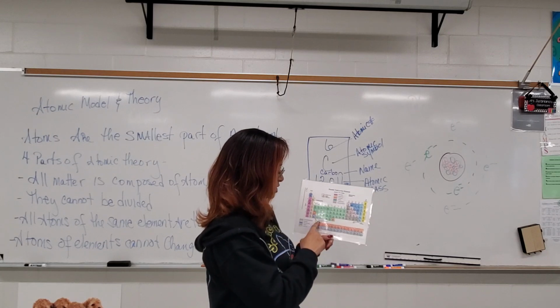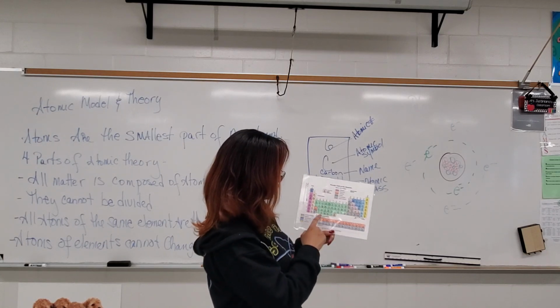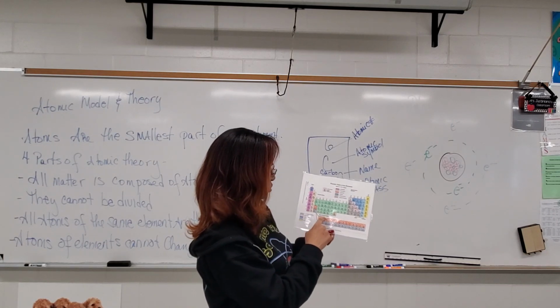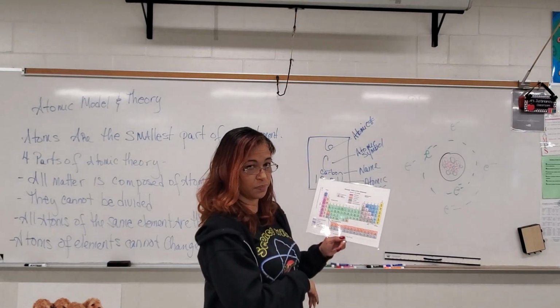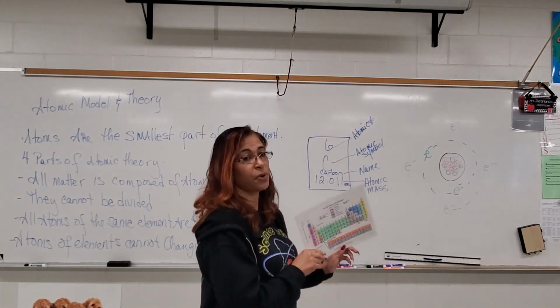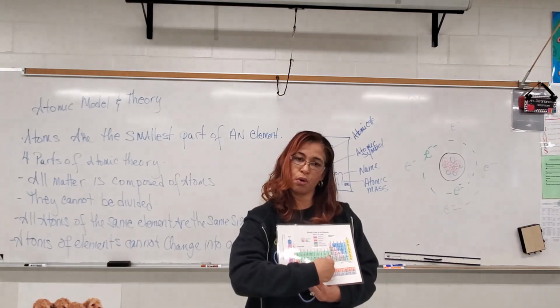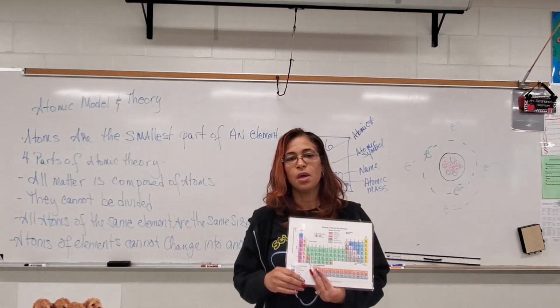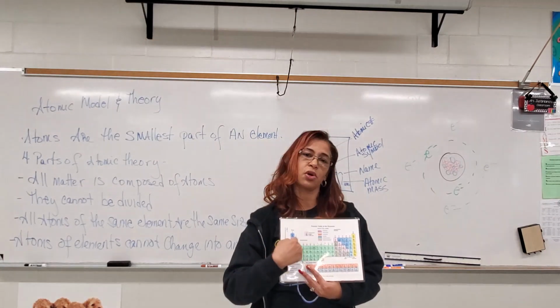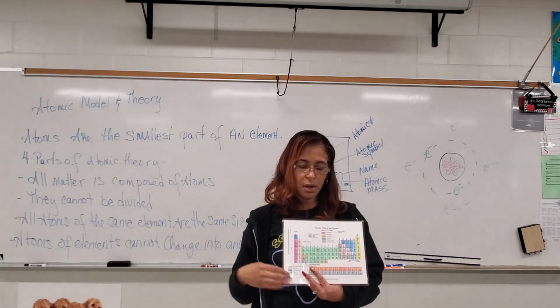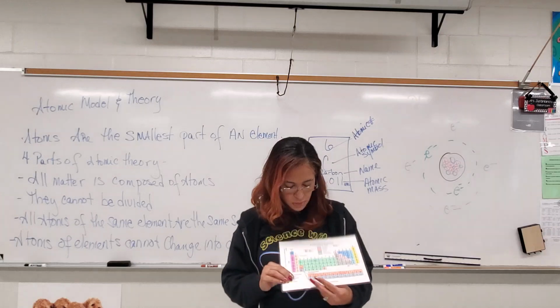These are all transition metals, and included with the transition metals are your inner transitions or lanthanide and actinide series. Okay, so that's pretty much how to read the periodic table. The periods go across, okay? And you see that the periods go by increasing atomic number from left to right.